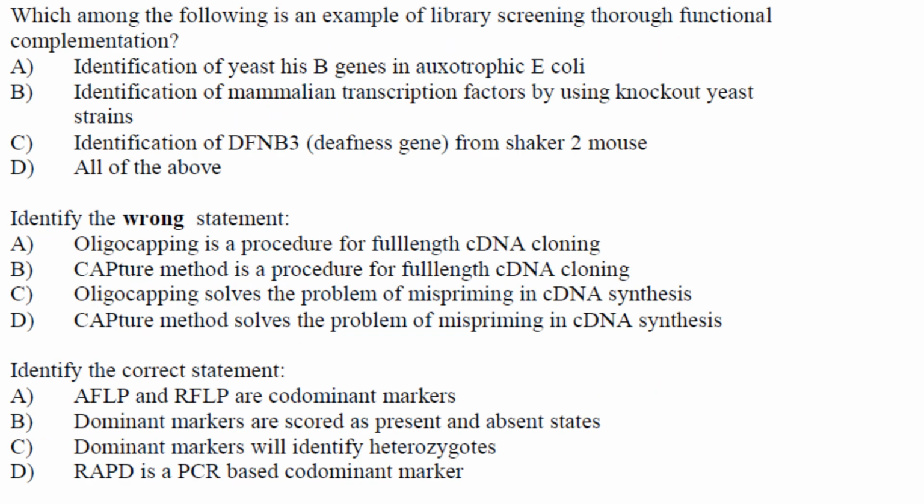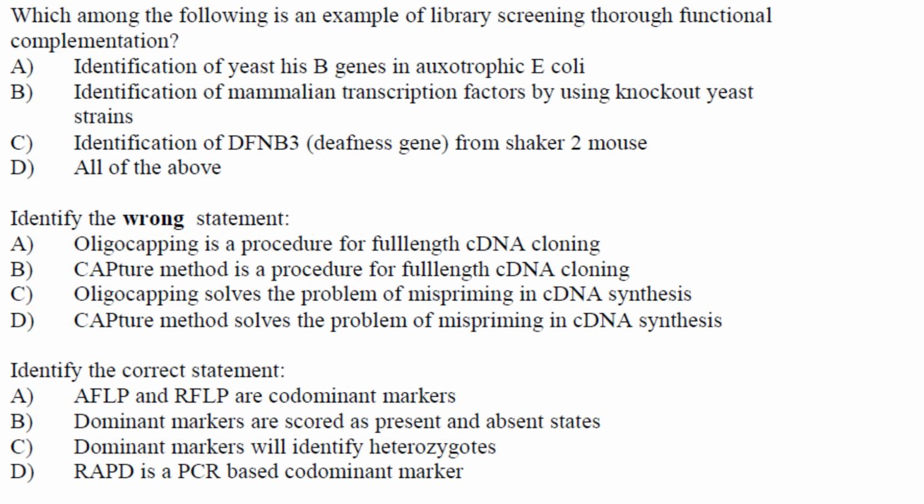Then next one. Which among the following is an example of library screening through functional complementation? What it will require is a host organism that has a specific mutation or a deficiency. Now you introduce a library of genomic DNA fragments to this host organism. Then you screen the library of DNA fragments for the ability to restore or complement the host function.